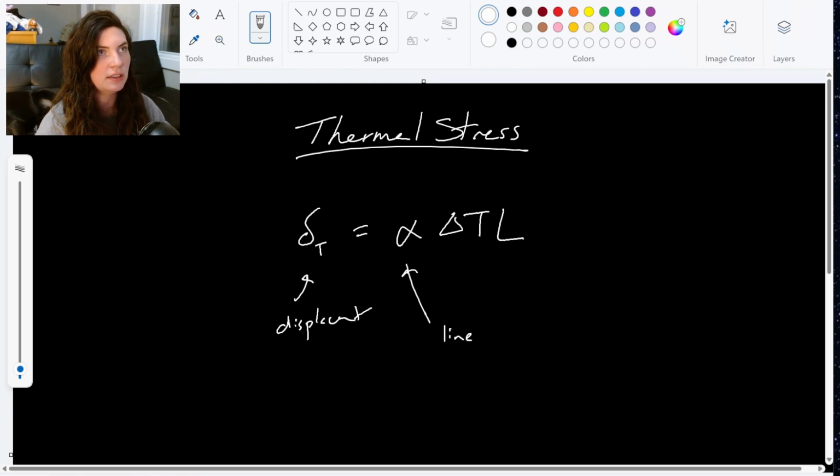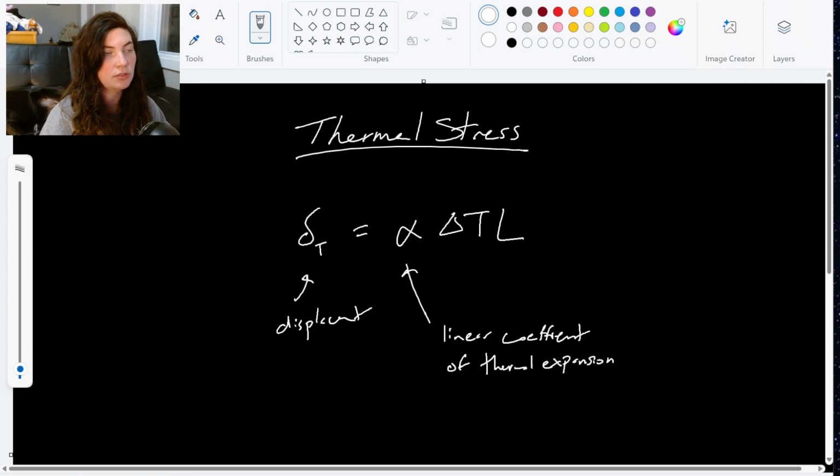Alpha is the linear coefficient of thermal expansion. It's a given property for a material. So much like modulus of elasticity, modulus of rigidity, Poisson ratio, all of those that we look up on our tables, we can also look up our linear coefficient of thermal expansion. It's a property of the material itself.